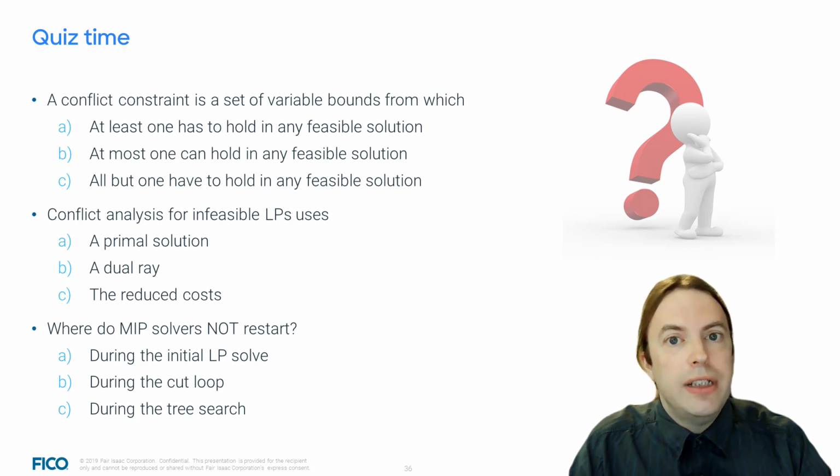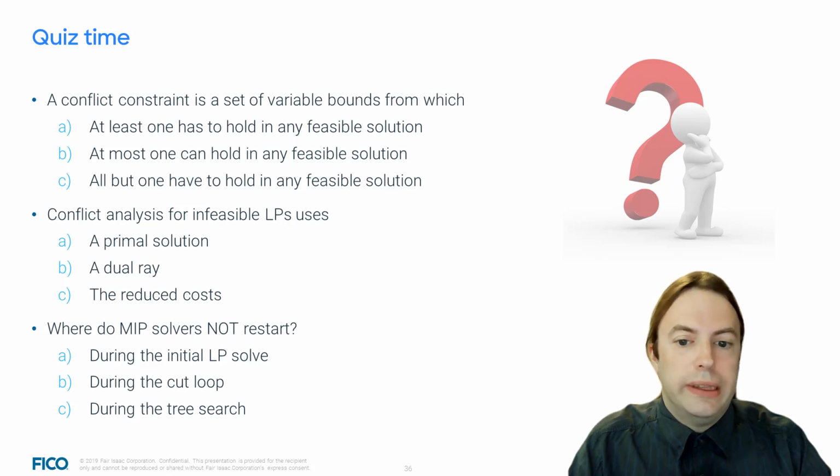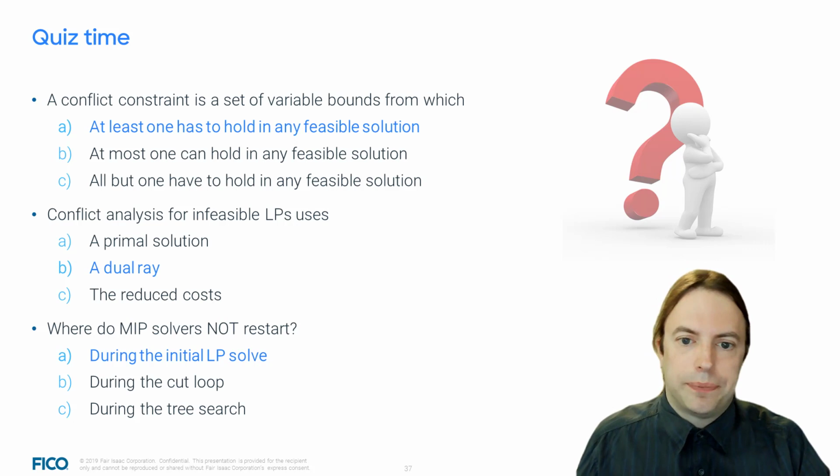Conflict analysis for infeasible LPs uses A, a primal solution, B, a dual ray, or C, the reduced costs. And third question, where do MIP solvers not restart? A, during the initial LP solve, B, during the cut loop, or C, during the tree search? Think about the answers. And we go for the solutions.